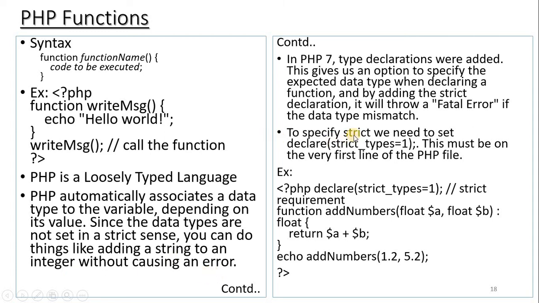For that you require strict, and you require this particular statement, declare strict_types equal to 1, which is to be mentioned exactly in the first line of the PHP program, so that it doesn't throw any kind of errors. That may be a type mismatch error or a fatal error, whatever it may be, and this is introduced in the PHP 7 version.